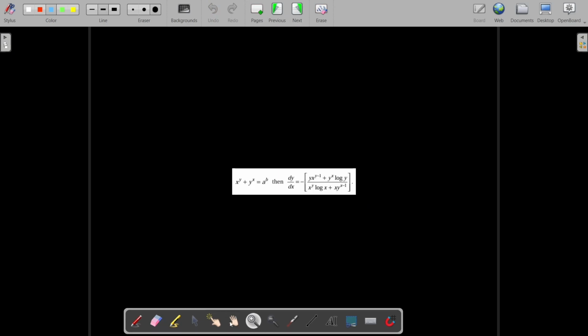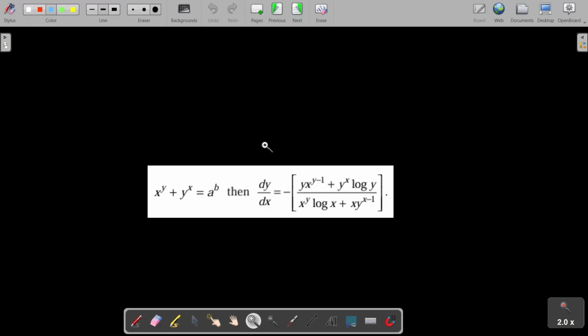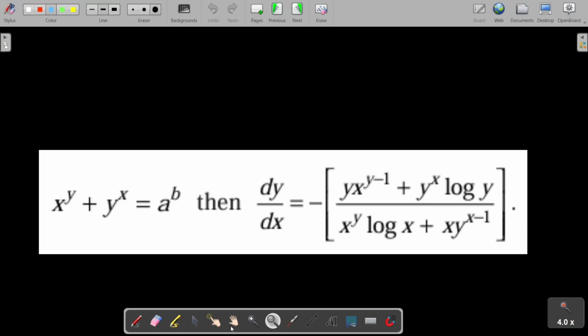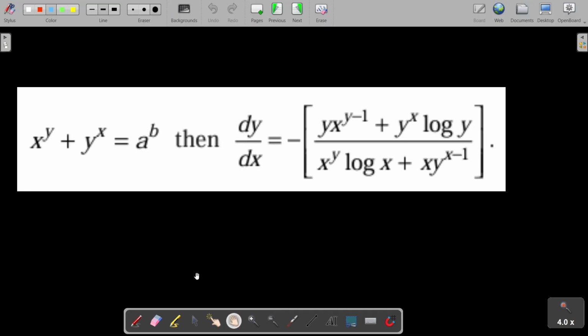And there's one more problem right here that we need to solve. Okay. I need to find the derivative of this thing and this thing right here, and then I get this thing right here as an answer.